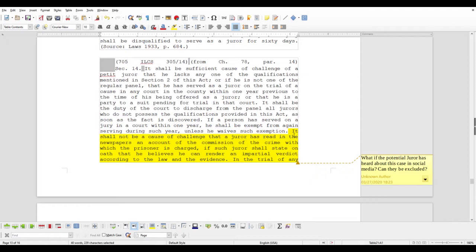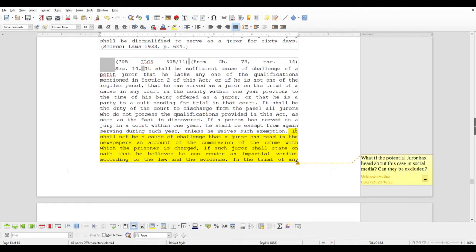Something happens in California and it's bad enough, you can hear about it here, right? So should you be excluded from being a juror, or should you be prohibited, which is a better word? Should you be prohibited from being a juror because you heard about this case on social media, right? Let's find out the answer.